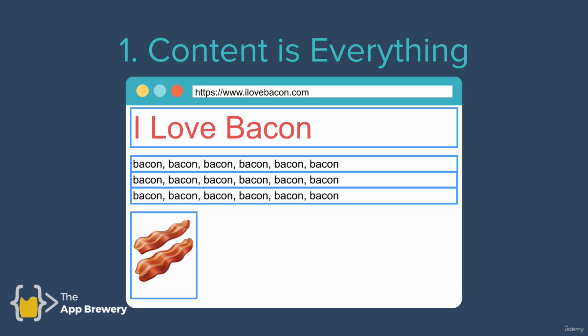So let's take a look at these rules quickly. The first rule is that content is everything. We know that inline elements only take up as much width and as much height as the content. So if you have a span that contains a long word, then it has a large width. If you have a span that contains a short word, then it has a short width. And with block elements, even though they take up 100% of the width, the height is still determined by the content.